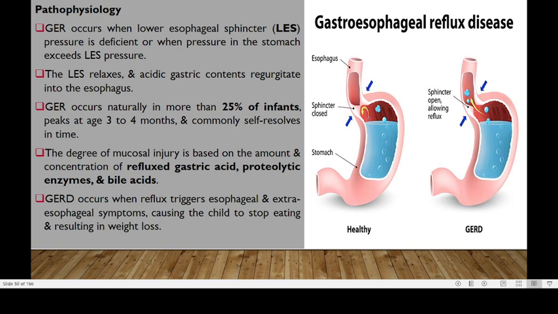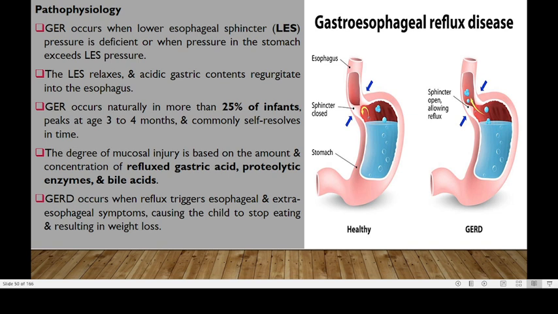So we have gastroesophageal reflux, which occurs when the lower esophageal sphincter is deficient or when pressure in the stomach exceeds the lower esophageal sphincter pressure. This makes the lower esophageal sphincter relax, and acidic gastric contents regurgitate into the esophagus.